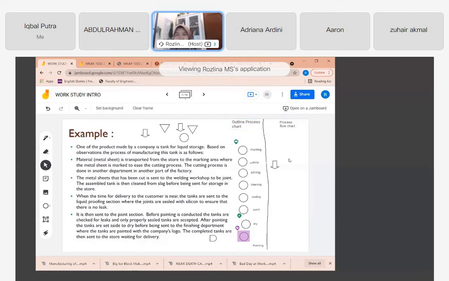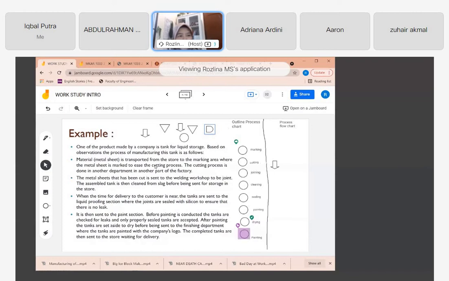Okay, process flow chart here. You can use the hint: marking, cutting, all the activities, all the operations. But sometimes before or after the inspection, maybe you have the storage or the transportation, delay. So you just add those activities.